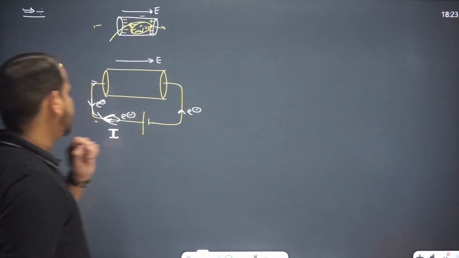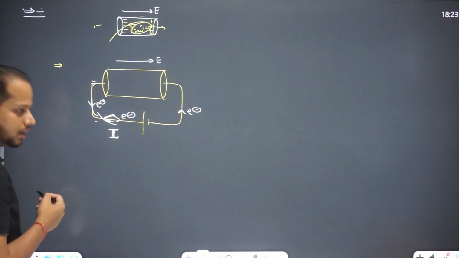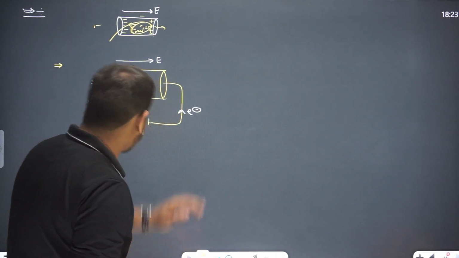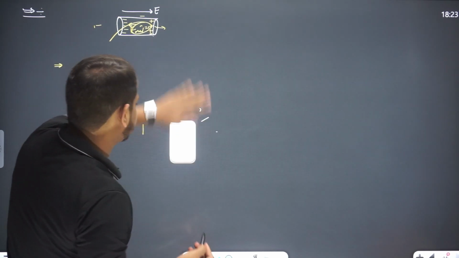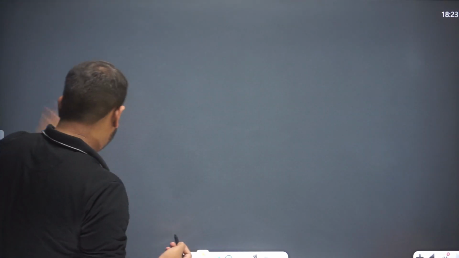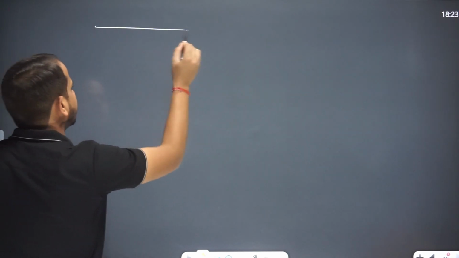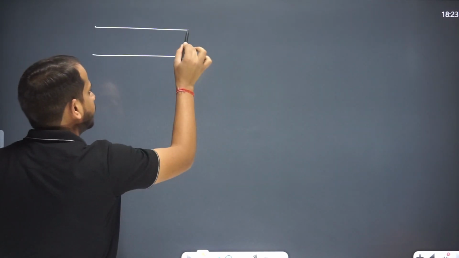So in this one, when we apply the external electric field, what happens with the charged particle? I hope you understand this one, so I am erasing this now. Let's see. I am just drawing the conductor now. This is the conductor we have.